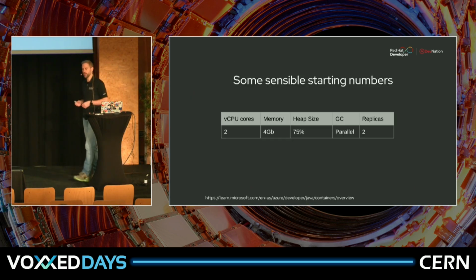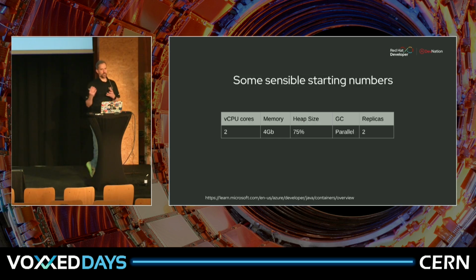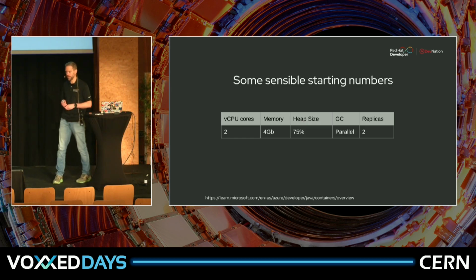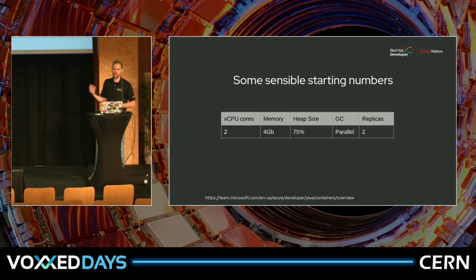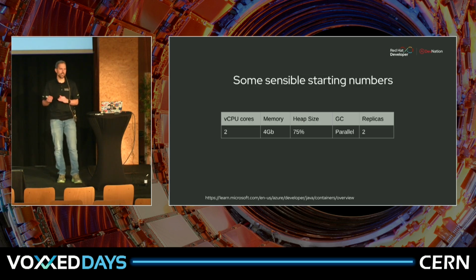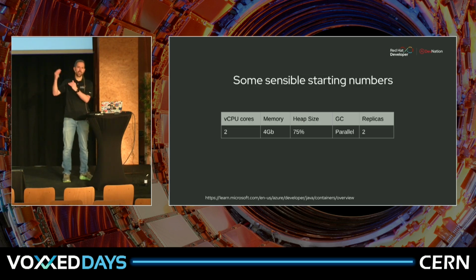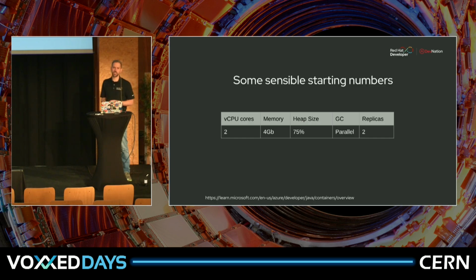So our friends at Microsoft wrote a little article about where to get started if you don't really know how to use resources. They recommended maybe giving your Java application 2 cores, 4 gigs of memory, and heap size 75%. Don't set it to 100% because you will constantly get your application killed, because there's a little bit of space in between how much heap size you can use, and then there's memory used for other considerations in a pod, so don't set it too high.